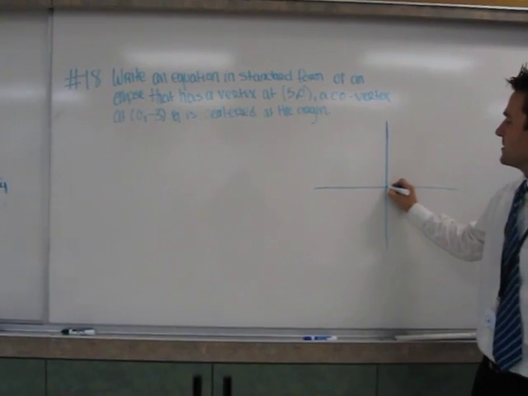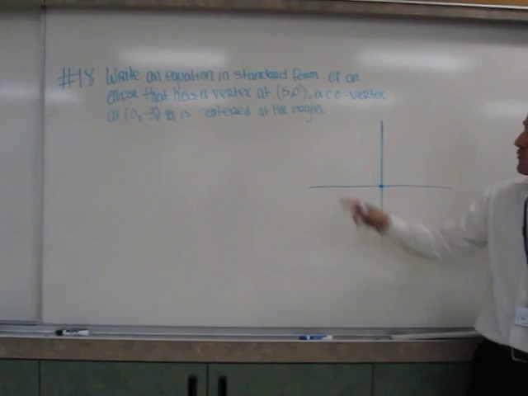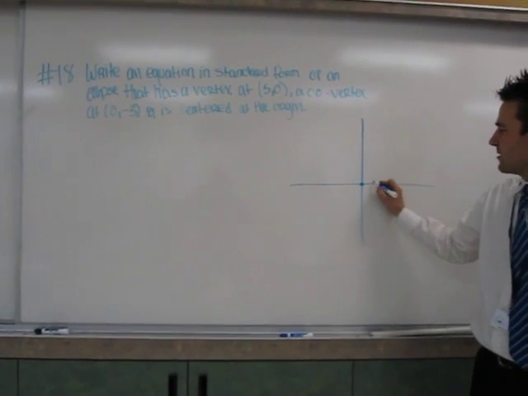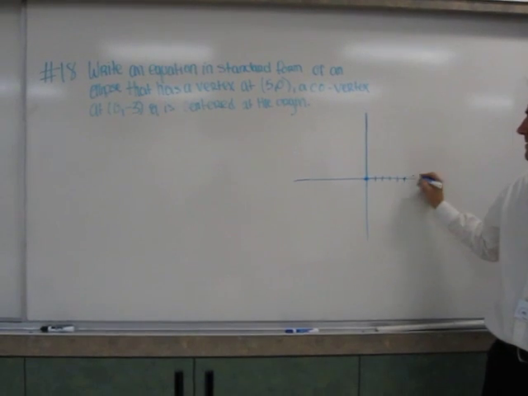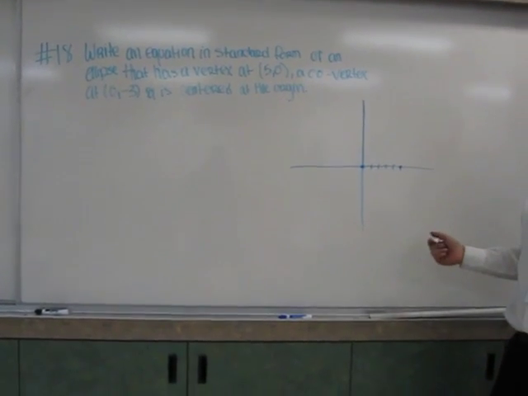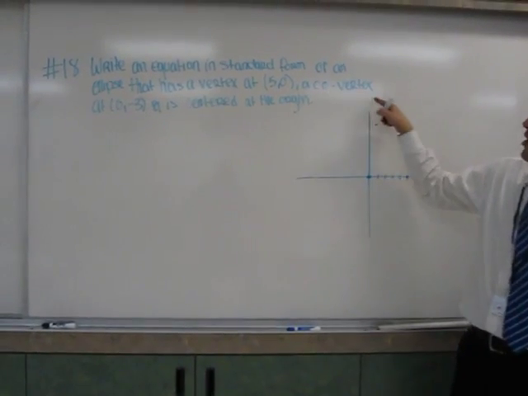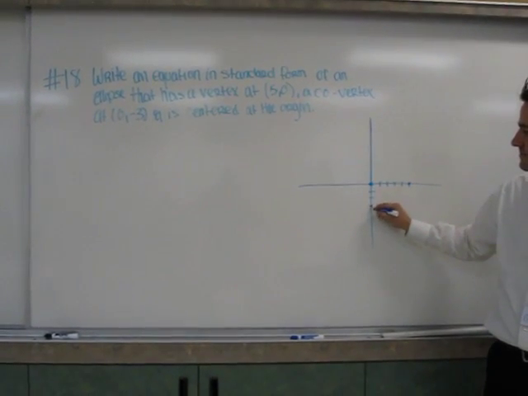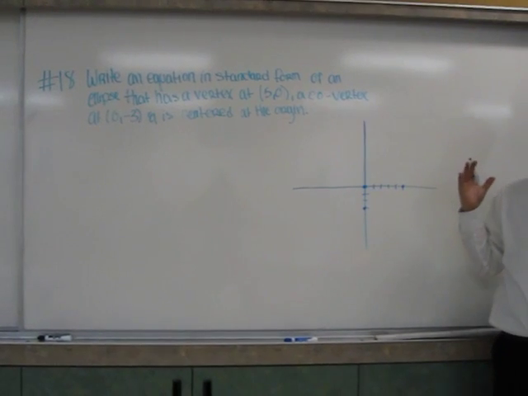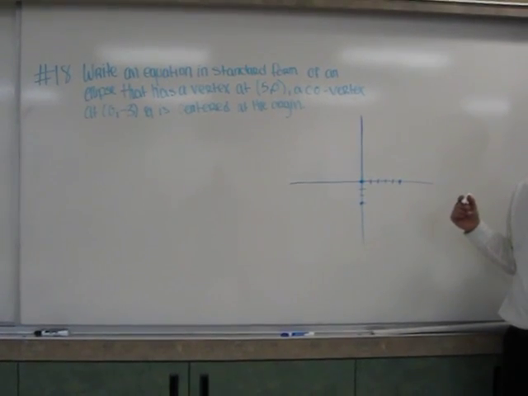If we know the center is at 0, 0, and one vertex is at 5, 0, try to figure out where the other vertex would be. We also know a co-vertex is at 0, -3. Try to figure out where the other co-vertex would be.